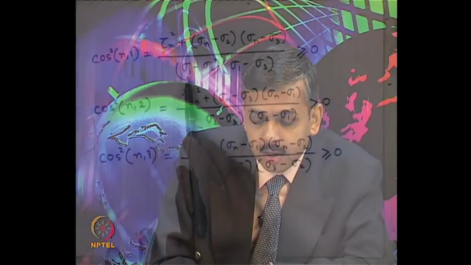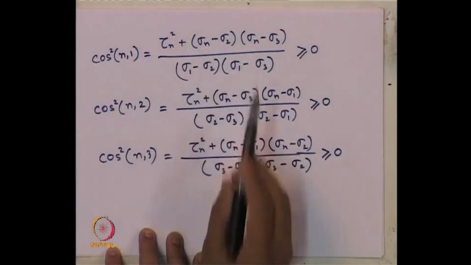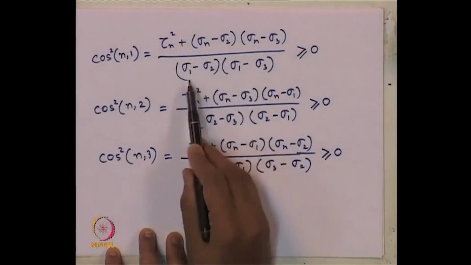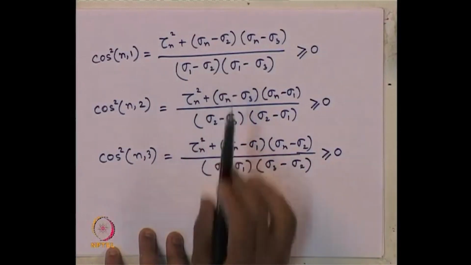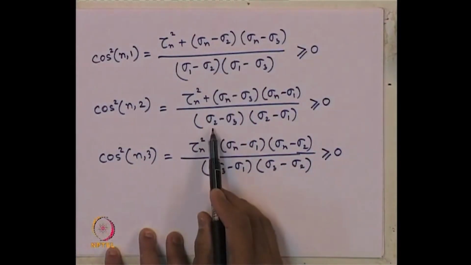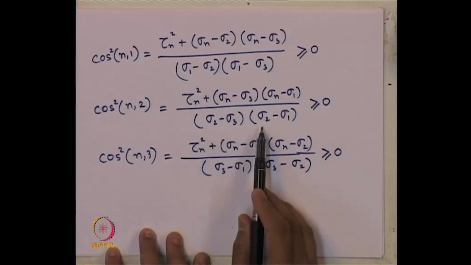Now, what we can look here, that sigma 1 is greater than sigma 2 is greater than sigma 3. So, this parameter is always positive, this is positive. Sigma 2 is greater than sigma 3, this is positive, but sigma 2 is less than sigma 1, so this is negative.